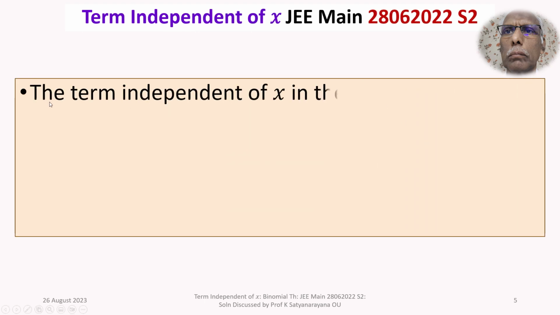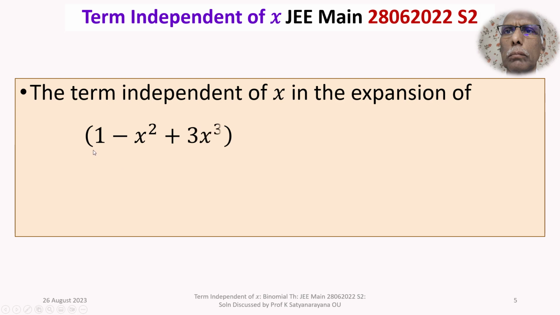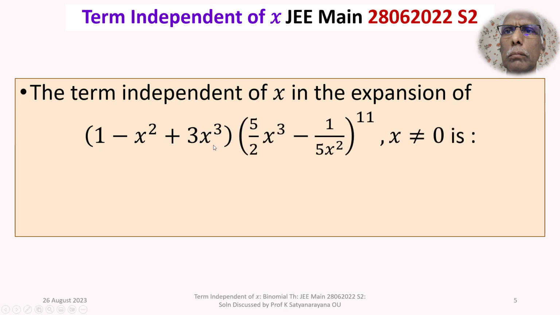The given problem is: the term independent of x in the expansion of (1 - x² + 3x³) multiplied by (5/(2x³) - 1/(5x²)) to the power of 11, where x is not equal to 0, is.